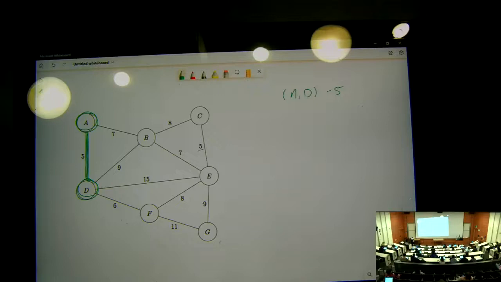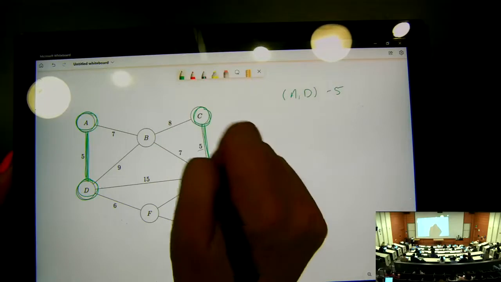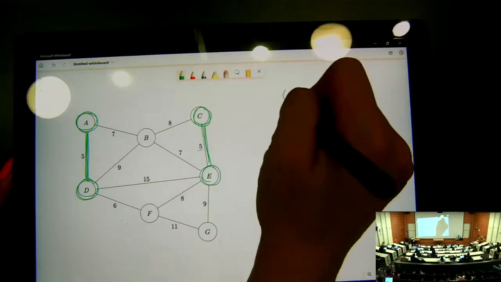And thus, would adding this edge join those 2 components together? That's the same question, just in a weirder way to say it, because I'm setting us up for the rest of the lecture. Is this going to increase connectivity? Do I want to include the edge C to E? Yes. So I'm going to also mark this one. And now C and E are connected to each other. And I'm just going to keep track of this.